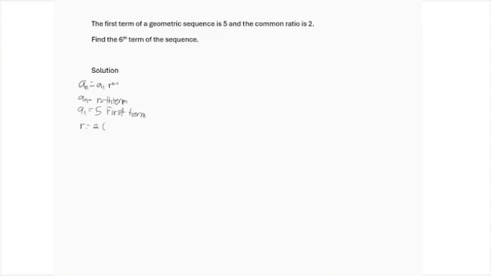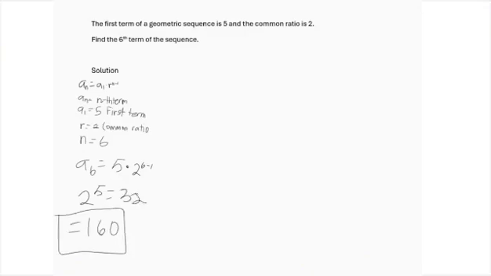Now let's substitute the values we know. So we write a6 equals 5 times 2 raised to the power of 6 minus 1. So our answer is 160 units.